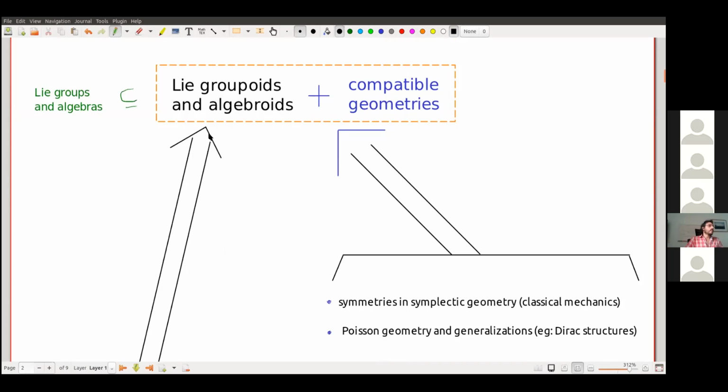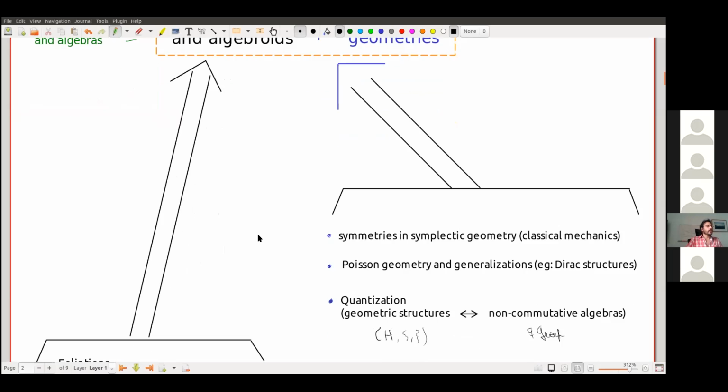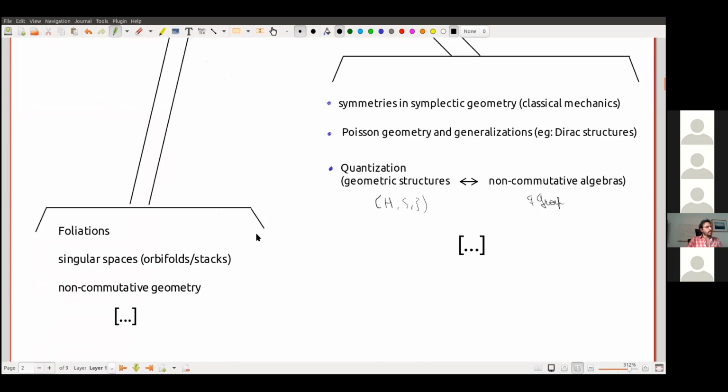There is another front, particularly with respect to groupoids, which comes from more classical studies, like the study of foliations, the holonomy groupoid. Then there is a connection to singular spaces, for example, orbifolds and generalizations of orbifolds, and even more generalized, more singular spaces called differentiable stacks. And also there is a connection to non-commutative geometry where groupoids play an important role.